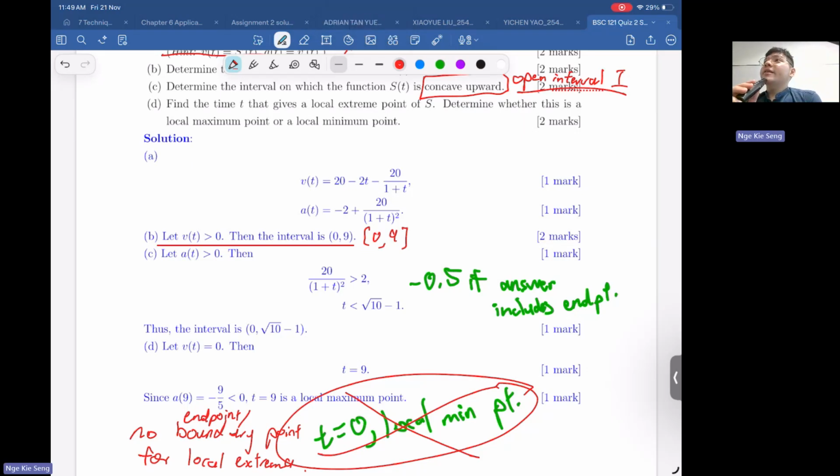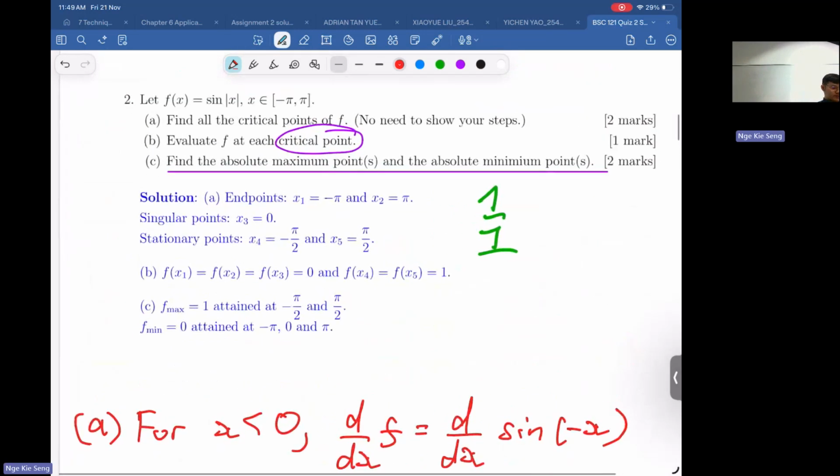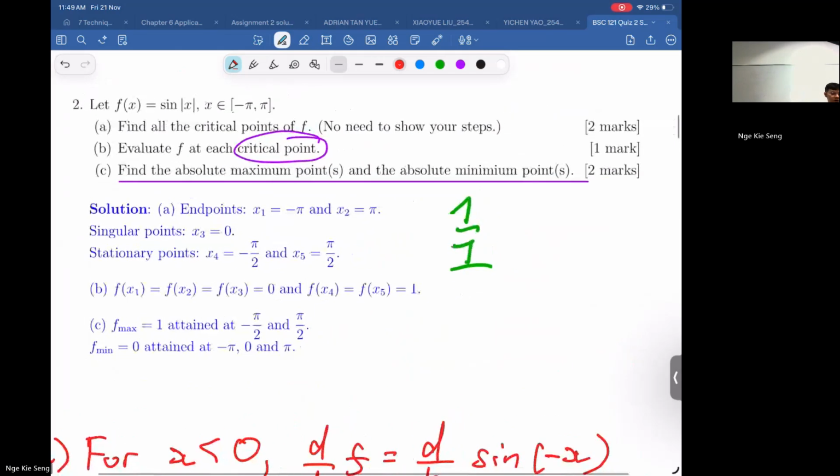Any questions so far? Yep. Second question solution. Yep. Which one? Any other question you want to go through?